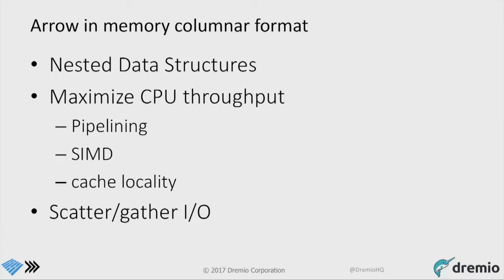And the last property is scatter-gather I/O. This property that I alluded to earlier means Arrow's representation in memory and on the wire to the network is the same. And we'll see that in a subsequent slide. But it's the same representation.